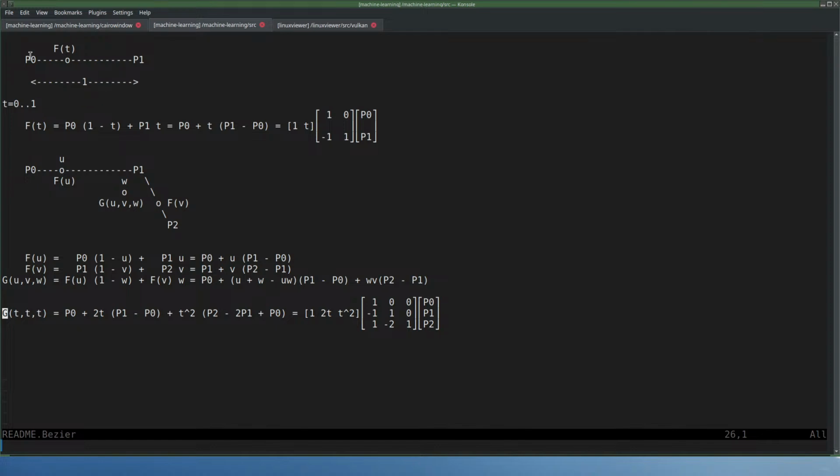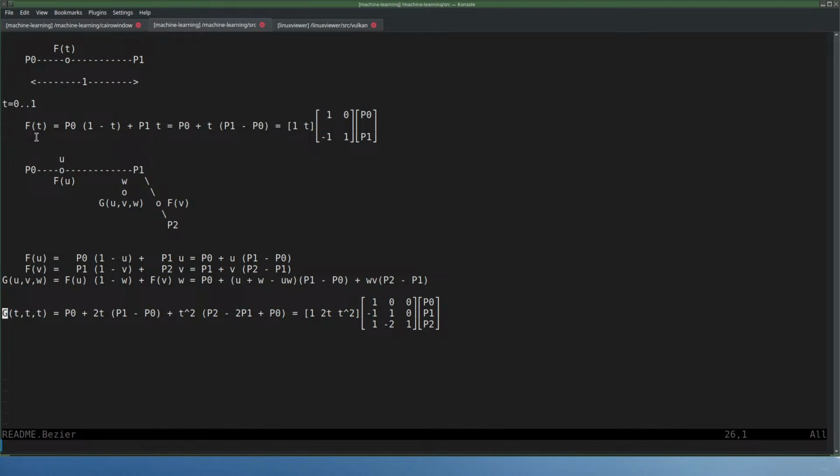Now this is a linear case. So if f of t is just a line, then if t equals 0, you're in P0, and if t increases, then you linearly move to P1. And by the time t is equal to 1, you're there.